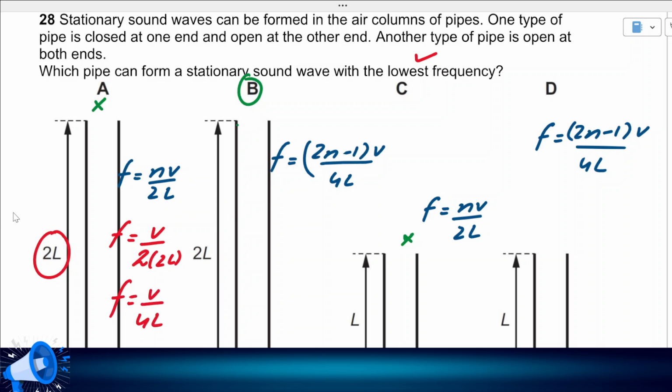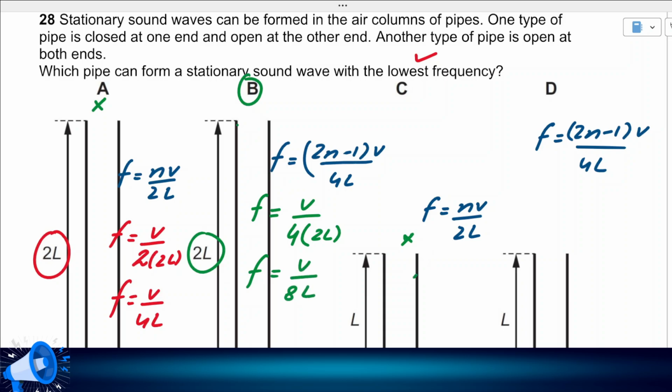Now let's do the same for the second. For the lowest harmonic, n should be 1. So we'll be left with 4 and the length is 2L, so v over 8L.